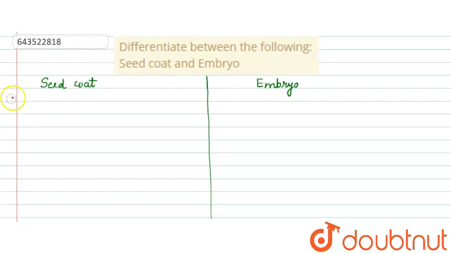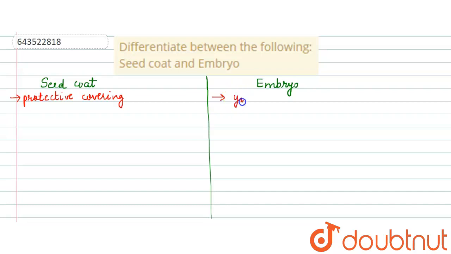So now we will write the first point of difference, that is the seed coat is actually a protective covering that covers the seed and it protects the seed as well. Whereas your embryo is the young plant that is enclosed within the seed.